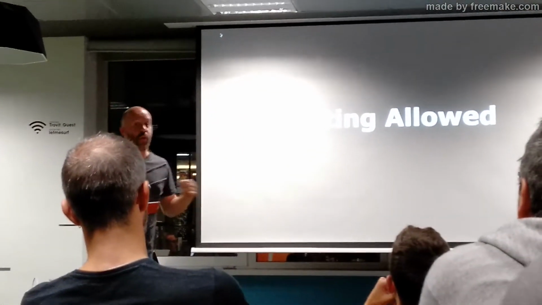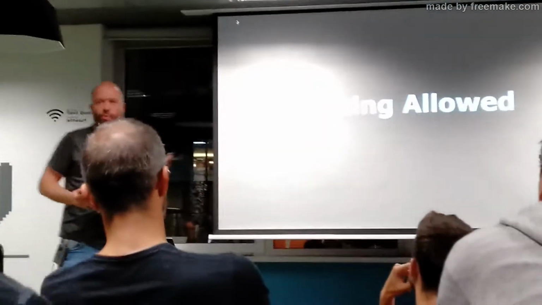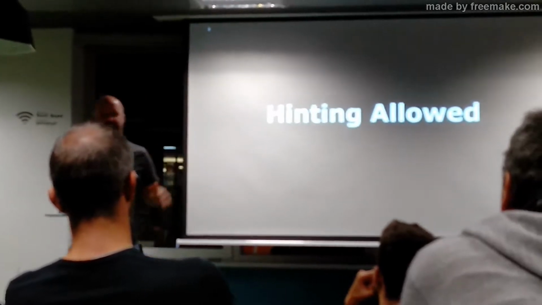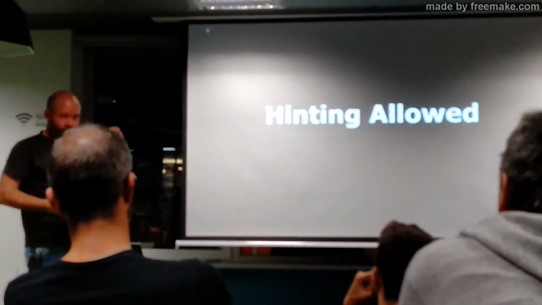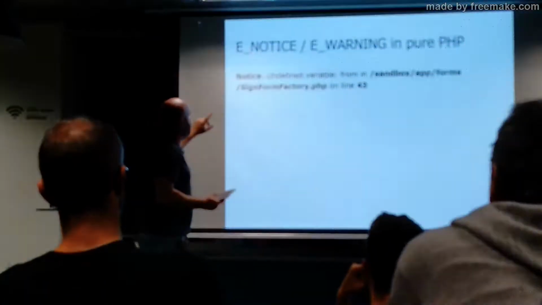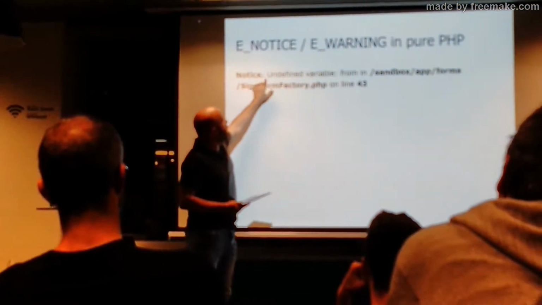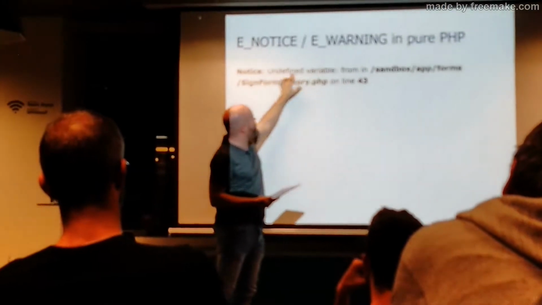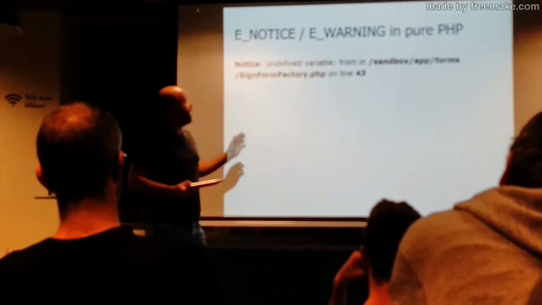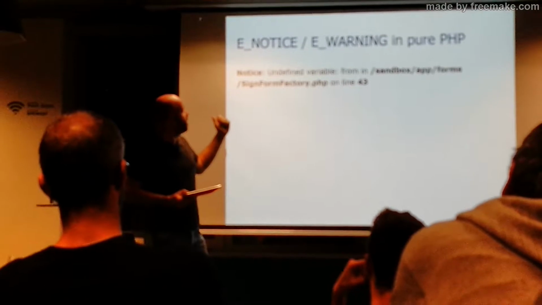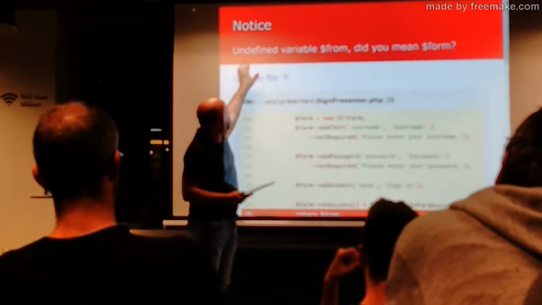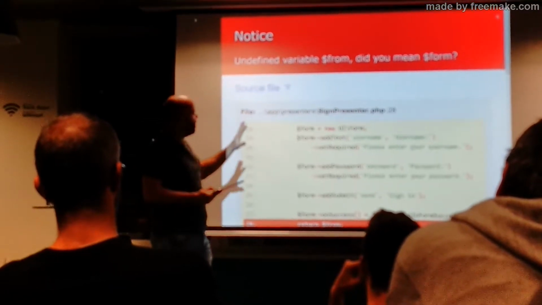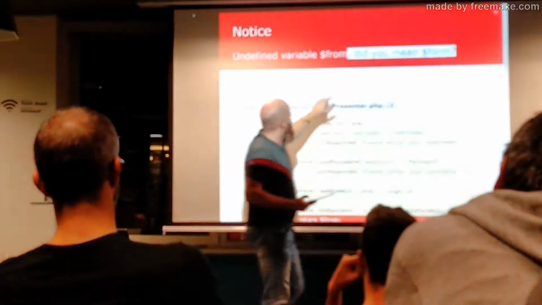Tracy hints and corrects too. So it's like a good friend watching your back, and sometimes it says, maybe, for example: this is the error message, PHP error message, undefined variable from, and this is the same error message displayed by Tracy, and there is a little bit of difference in this part.